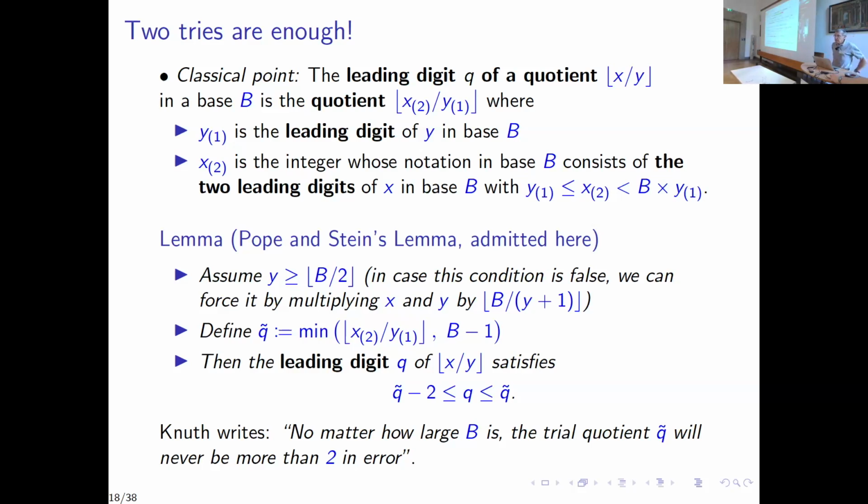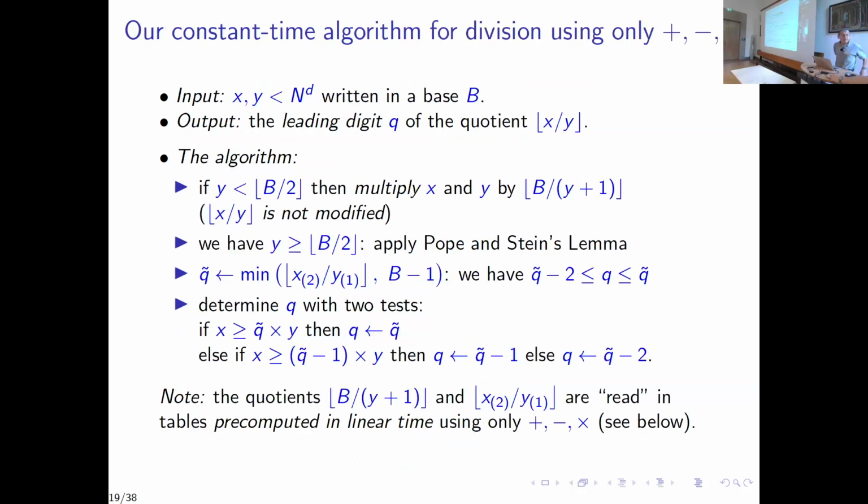You define something which is an approximated value of a quotient. The leading digits of a quotient, it's not the quotient, but leading digits, satisfy this approximation. Note that, no matter how large B, it doesn't depend on B, on the basis. The trial quotient will never be more than 2 off. So, what is our constant?